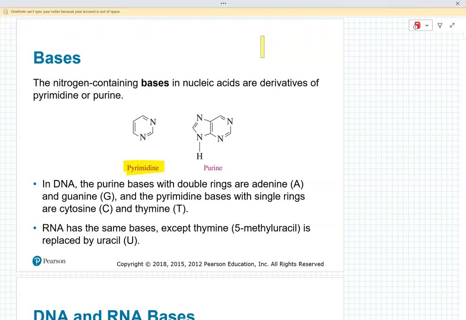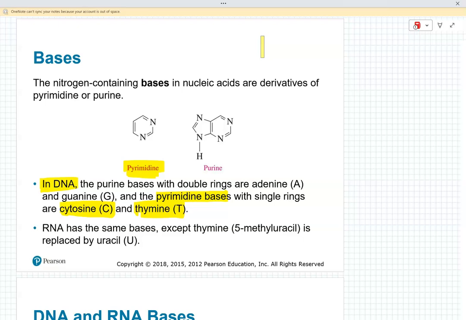You can see that pyrimidine contains one 6-member ring with 2 nitrogens in it. So the pyrimidine bases in the DNA are cytosine and thymine.